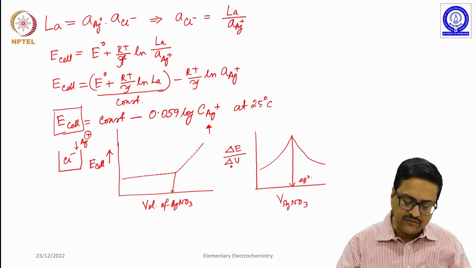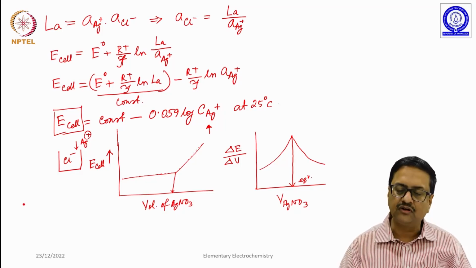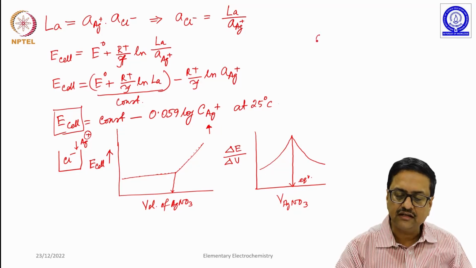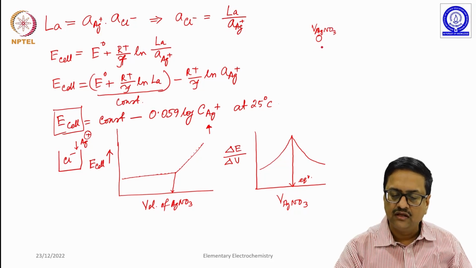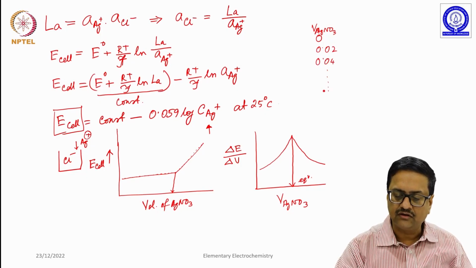So, this delta V means the difference in the volume between the two consecutive readings. So, here suppose if your starting volume of AgNO3 is 0, then you have the next one 0.02, 0.04, like that if you are continuing.